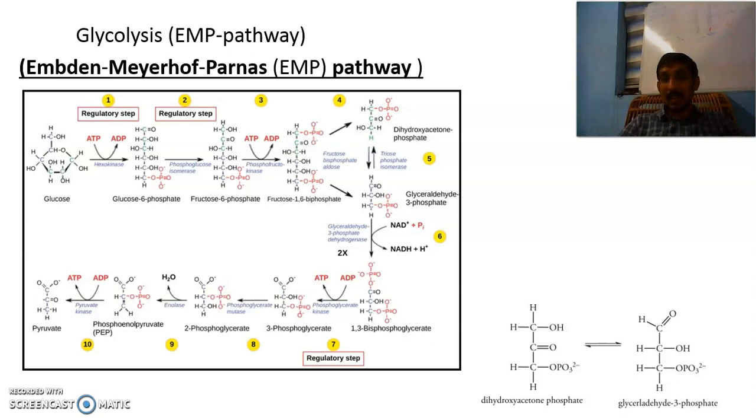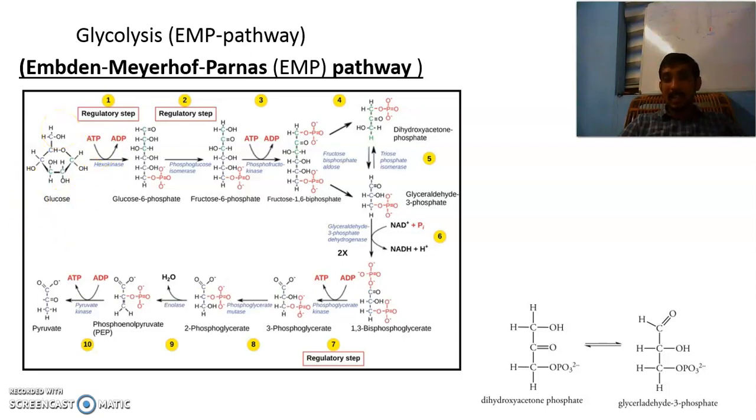What happened here is that one extra phosphate gets attached on the first carbon atom of fructose. Now fructose 6-phosphate becomes fructose 1,6-bisphosphate. So here we need a phosphate to attach on the first carbon atom of fructose 6-phosphate. The source of that phosphate is also ATP, adenosine triphosphate. Here ATP is cleaved with the help of water, that is, hydrolysis of ATP.